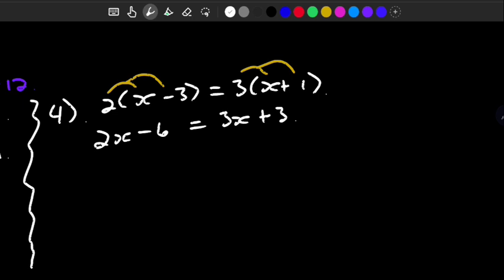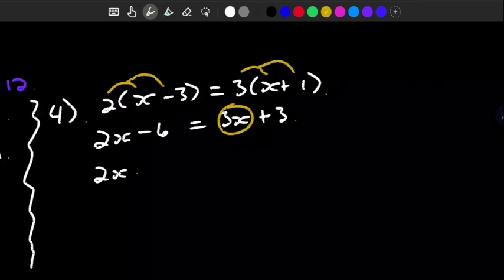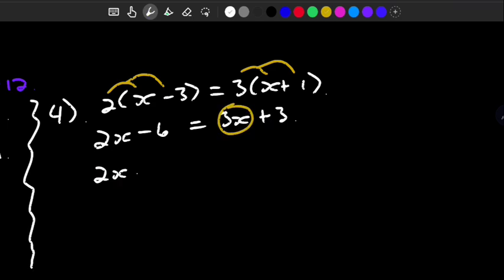Continuing, remember we need to group like terms, so we have 2x there. Where's our other x? Over there with 3x. So what we do is take 3x to the other side, becomes negative 3x, right?